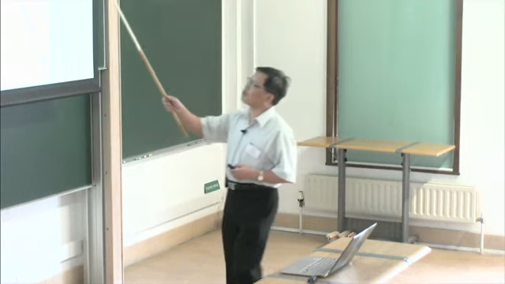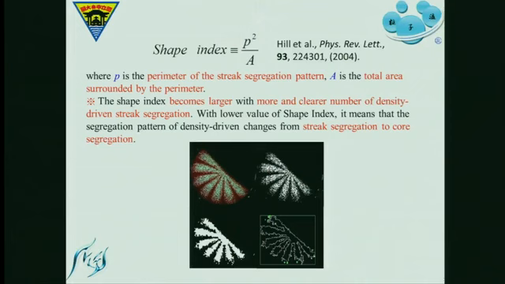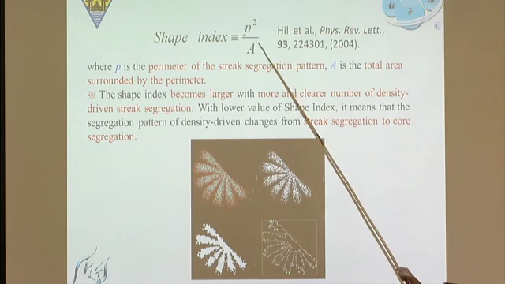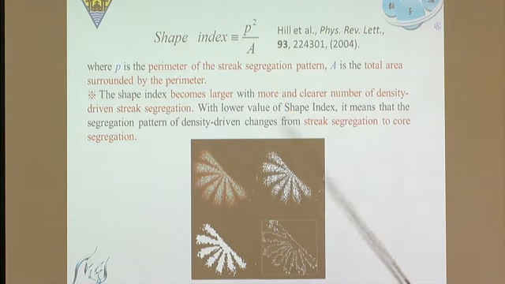So I'm talking about this parameter defined here, which is P squared divided by A. As we see, here are streaks. So we do some image analysis and it becomes something like this. The P is the perimeter of the streaks, so the length, and the A is the area surrounded by the perimeter.